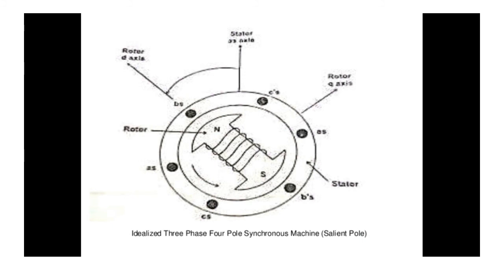Armature reactance has two components: the quadrature axis armature reactance XAQ associated with IQ, and the direct axis armature reactance XAD linked with ID.